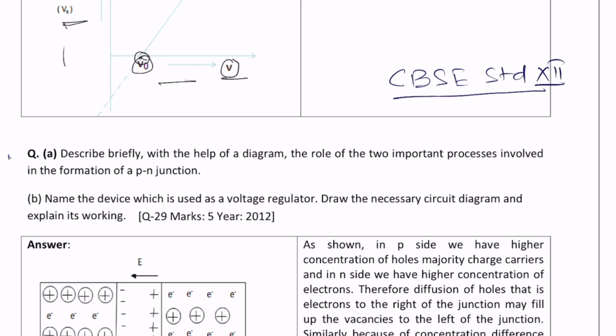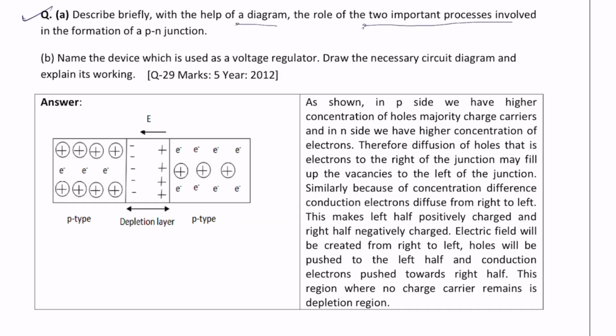First question: describe briefly, with the help of a diagram, the role of the two important processes involved in the formation of a p-n junction. We know that a p-n junction is basically a device which acts as a diode.